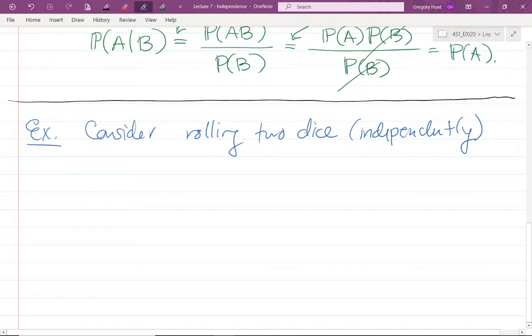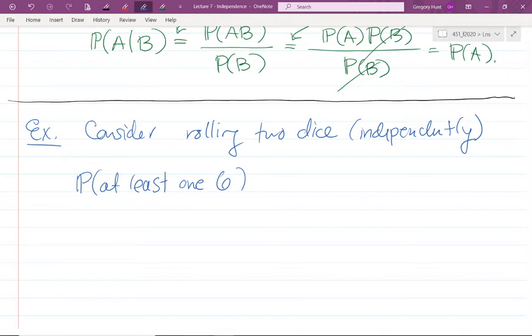And I could ask what the probability of at least one 6 is. So one of the dice is a 6, or the other one is. So how would we want to calculate this? This example gives us a nice little trick, which is when you are talking about at least one, it's often easier to look at the complementary probability.